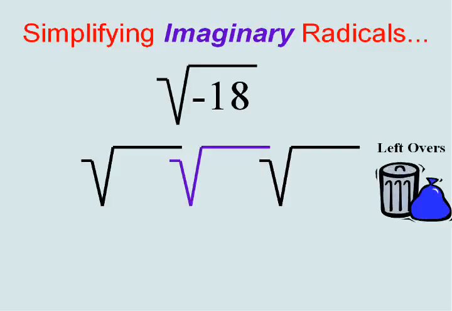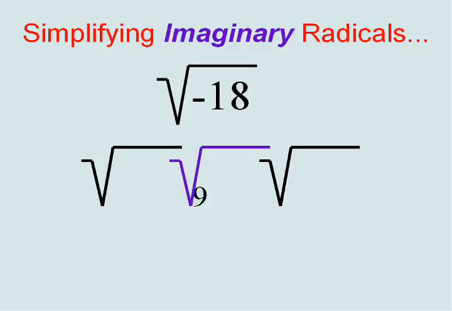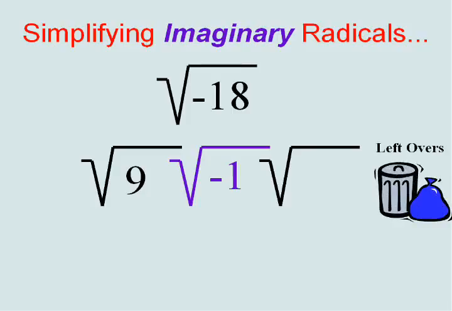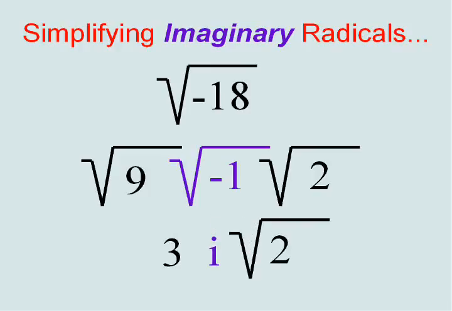And we still have the leftovers, and they're still last as appropriate. In this case, the perfect square is 9. The imaginary part, of course, is the square root of negative 1, and the garbage is the same. So the answer is 3i square root of 2.